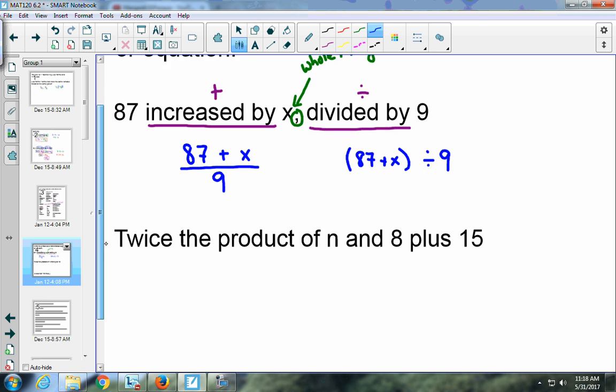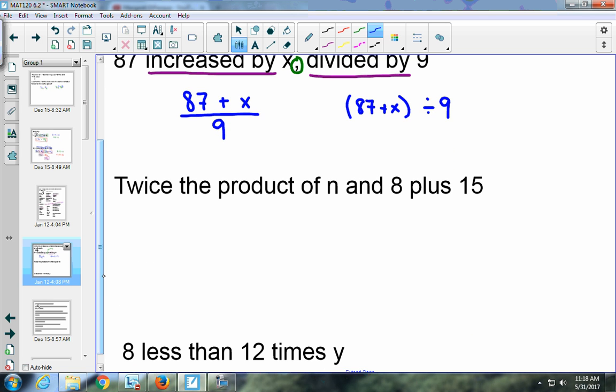If we look at this next example, twice the product of n and 8 plus 15. Twice is a key word for 2 times. The product is an answer word, so I need to look for "and", which is right here.